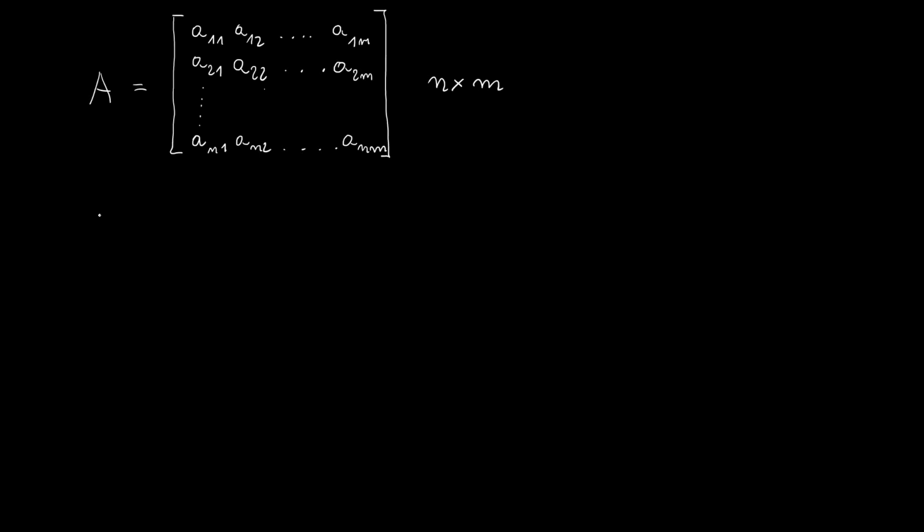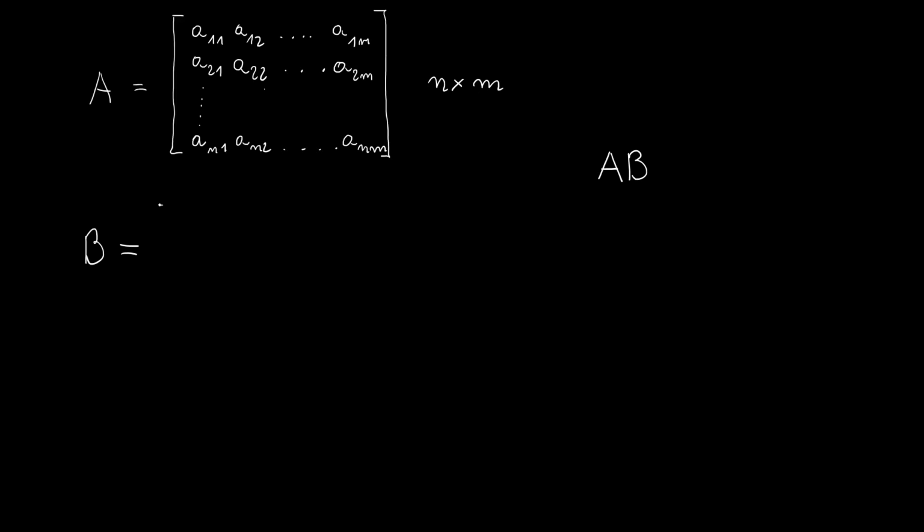So that's matrix A. We want matrix B, by which we will try to multiply. So we will try to do multiplication AB. What is important now, columns in B need to have the same length as rows.